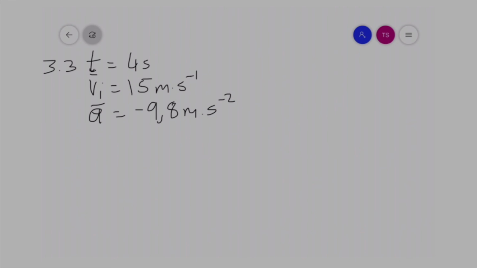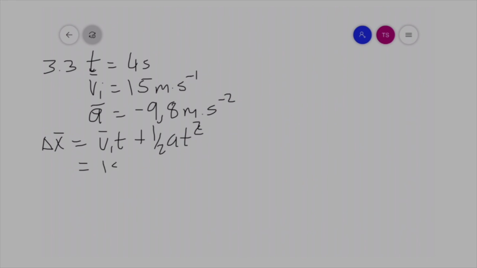What I will go for here is change in displacement equals v initial times t plus half a t squared. What's my v initial?